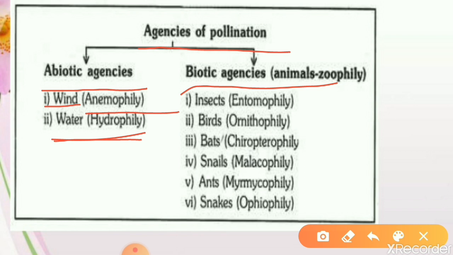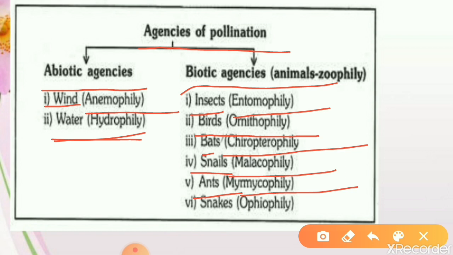First one is insects. Insect pollination we can call entomophily. Bird pollination we can call ornithophily. Next, bat pollination we can call chiropterophily. Next, snail pollination we can call malacophily. Ant pollination we can call myrmecophily. Snake pollination we can call ophiophily.